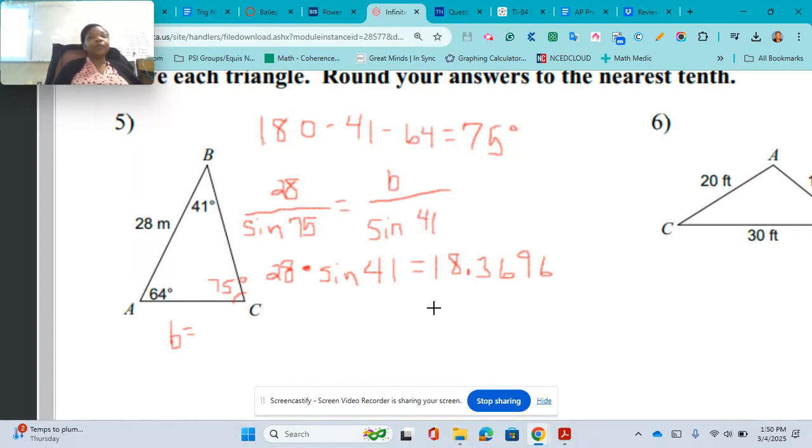The last step is we need to divide with what was left. What was left? Excellent. Divided by the sine of 75.